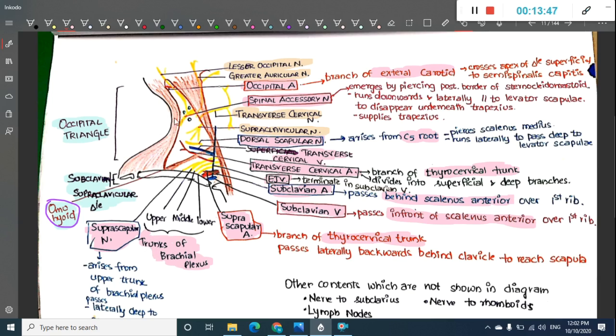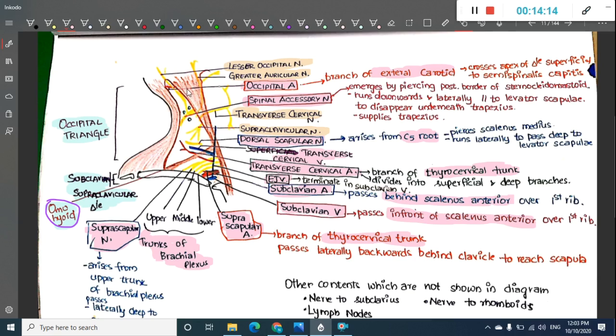So we'll remember in two ways. One, by dividing this posterior triangle into two triangles: the occipital triangle and the supraclavicular or subclavian triangle. In the occipital triangle, we have the 4 nerves which we have dealt with already: lesser occipital nerve, greater auricular nerve, transverse cervical nerve and supraclavicular nerves.